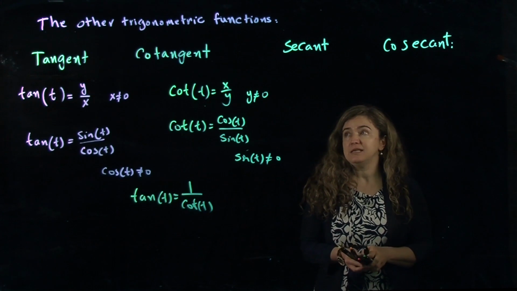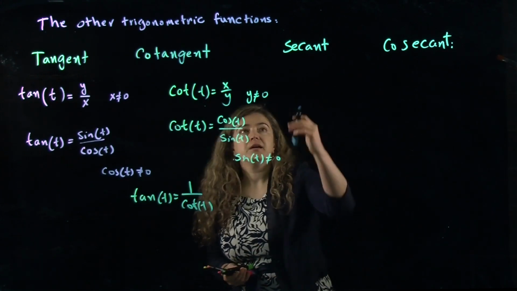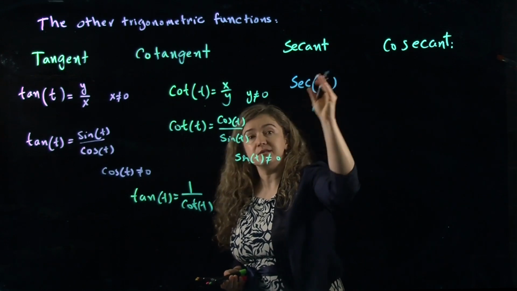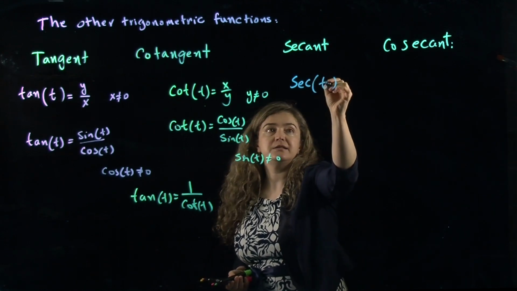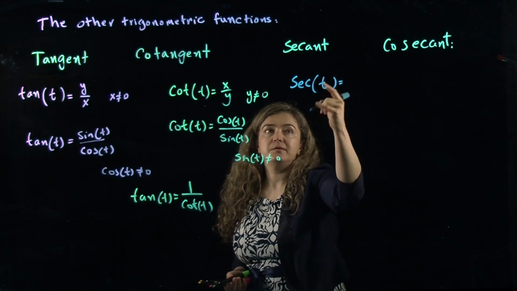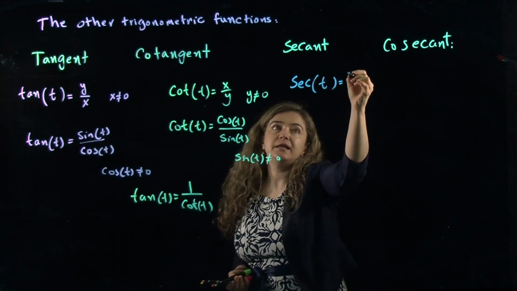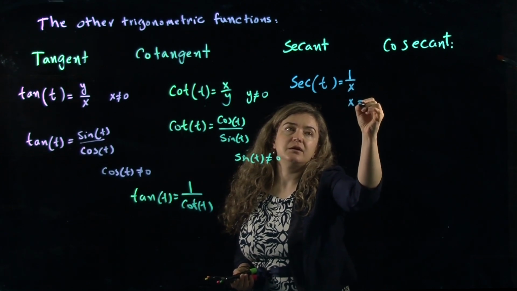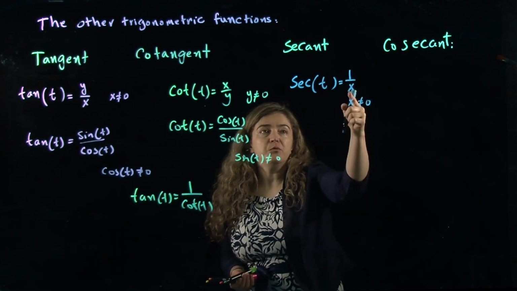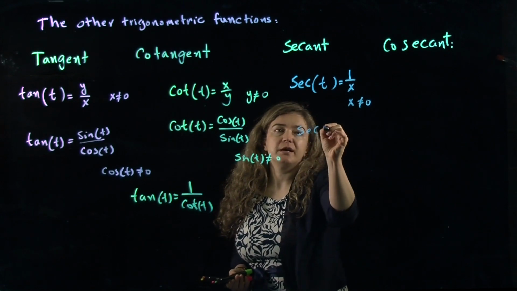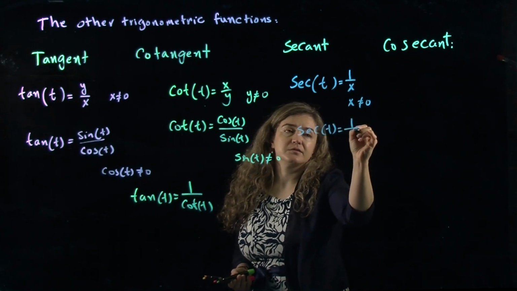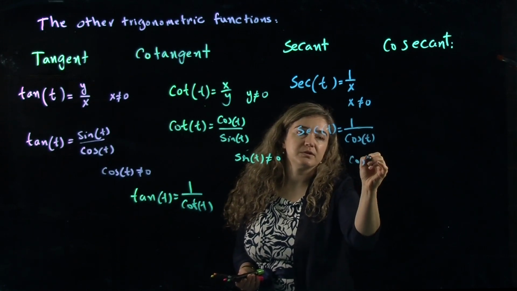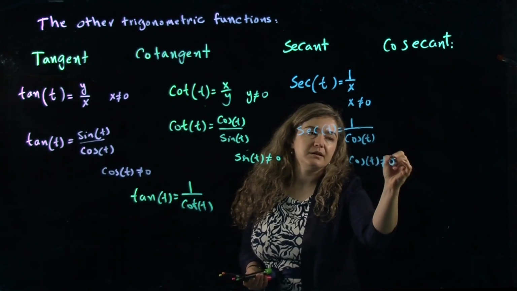The next one is the secant of t. We show it with SEC, parentheses, because it's a function, and t inside. T is the variable, and that is equal to 1 over x, when x is not 0. What was x? X was the cosine. So it's 1 over cosine of t, when cosine of t is not 0.